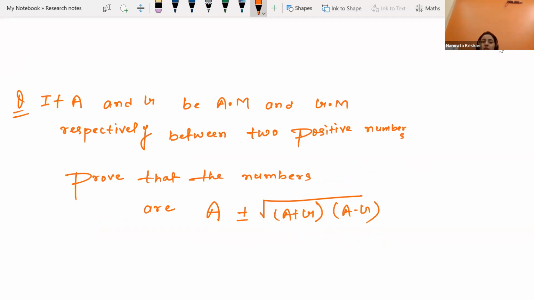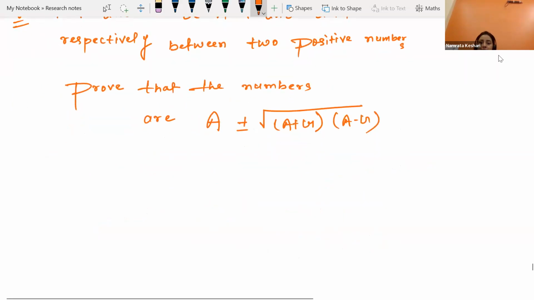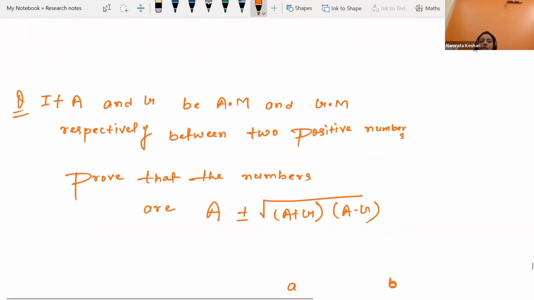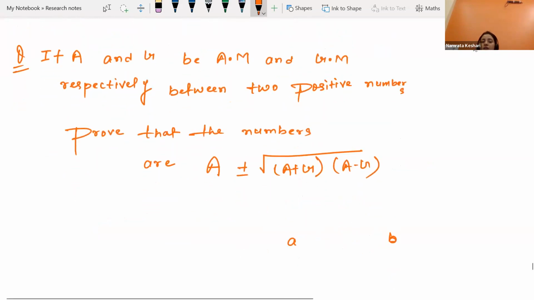Suppose we are having two positive numbers a and b, and A is the arithmetic mean. Again the same two positive numbers we are having, and this time G is the geometric mean in between.